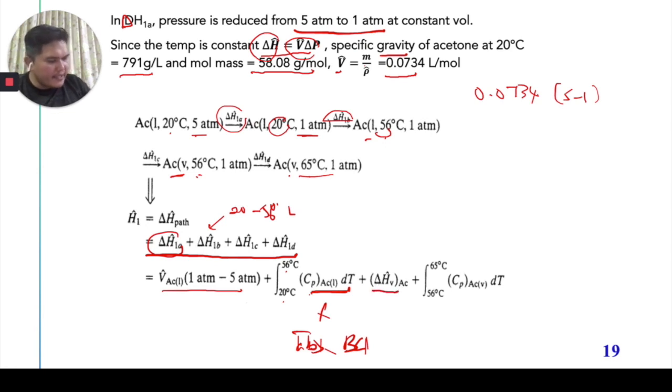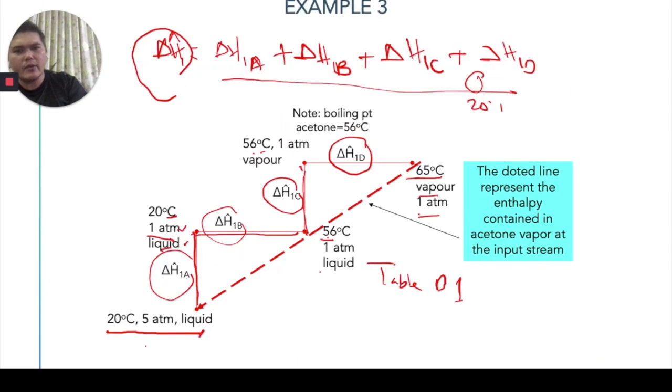You can get the latent heat of vaporization of acetone from table B1. And you can further calculate the enthalpy change by calculating the CP dT of acetone vapor from 56 to 65, and then substitute it inside here. Only then you'll be able to determine the delta H1 that you can include in this table.